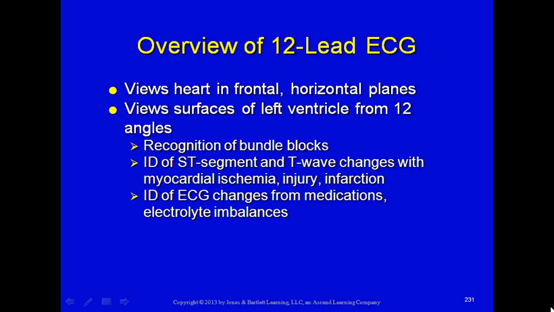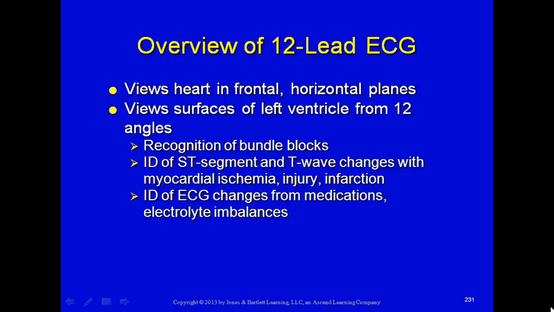So the reason that we get a standard 12-lead ECG is that it gives us a picture of the frontal and horizontal planes of the heart, particularly the left ventricle. It looks at the left ventricle from 12 different angles. And based on those 12 different angles that we're viewing the heart, we're able to do things like recognize left bundle branch blocks and right bundle branch blocks.